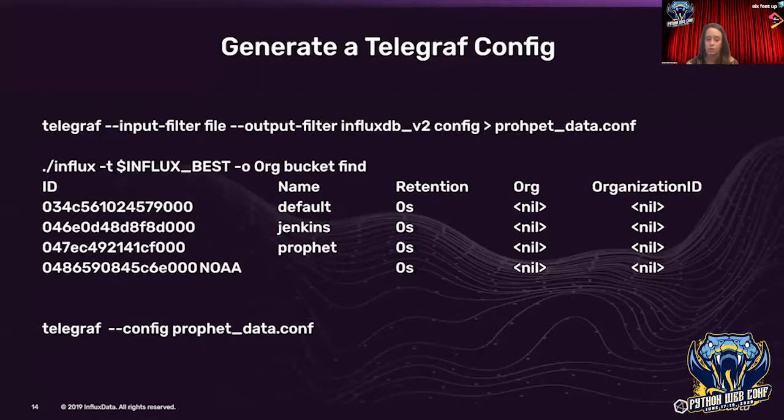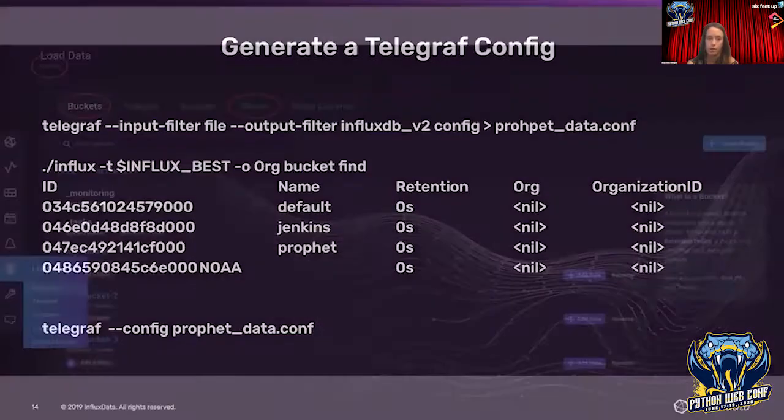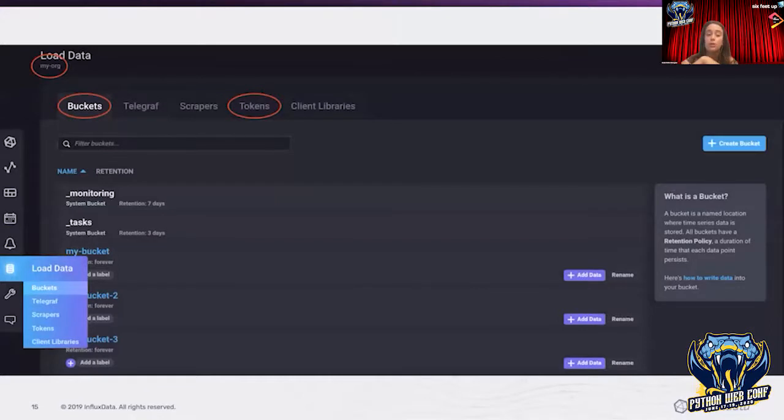This is one way that you can do it. And then to run our Telegraf config, all we need to do is specify the config that we want to run and use the flag config. So Telegraf flag config, and specify the pathway to our config to run it. We can use a CLI to find all of our variables, but it's much easier to find our authorization parameters through the UI.